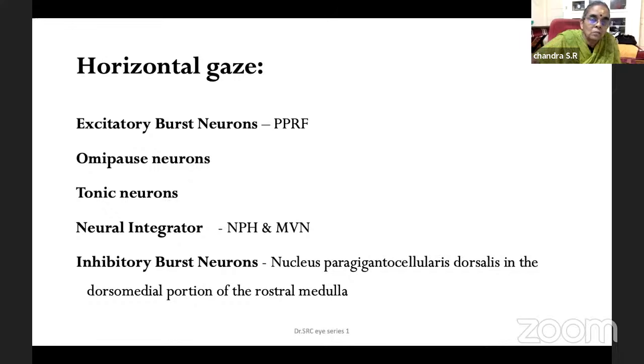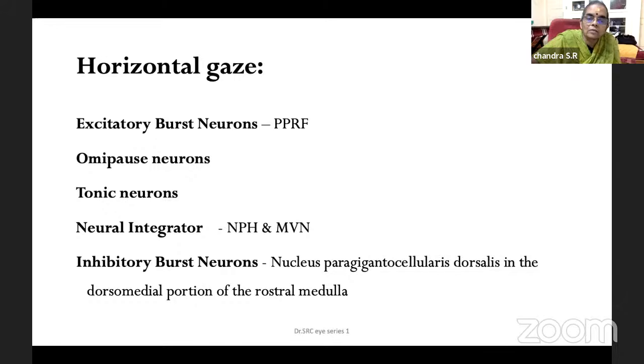Once the burst has happened, it has to reach a position. That is done by the omnipause neuron. And tonic neurons, they keep it in the position for longer time. And the neural integrator integrates all this. And you've got inhibitory burst neurons. You've got excitatory burst neuron, inhibitory burst neuron, tonic neuron, and omnipause neurons.